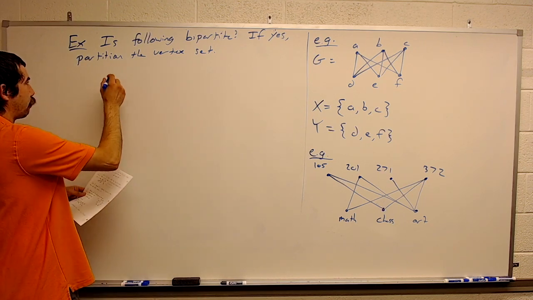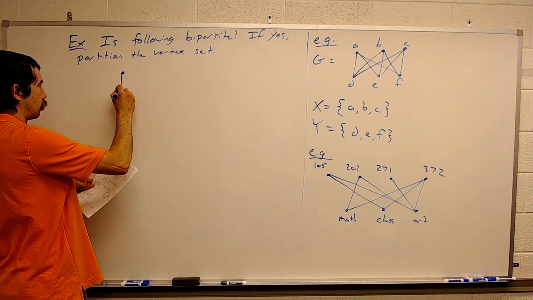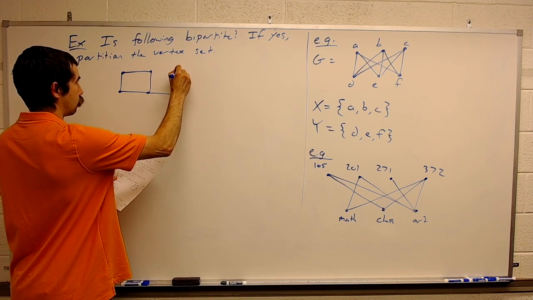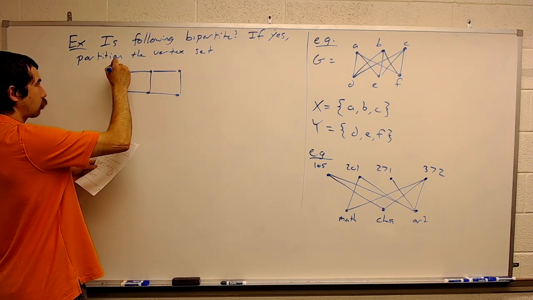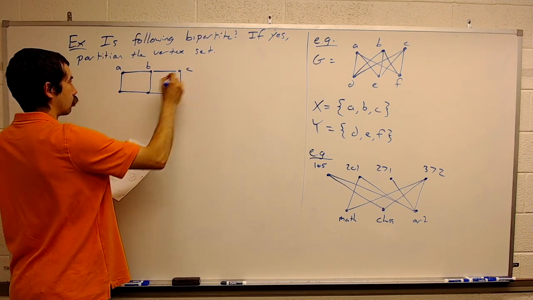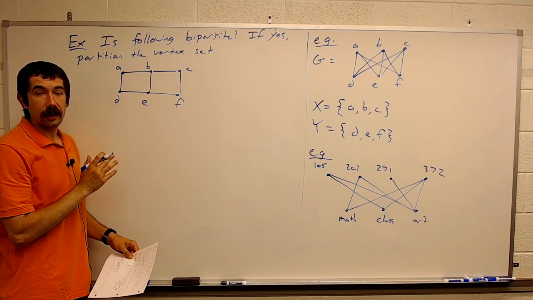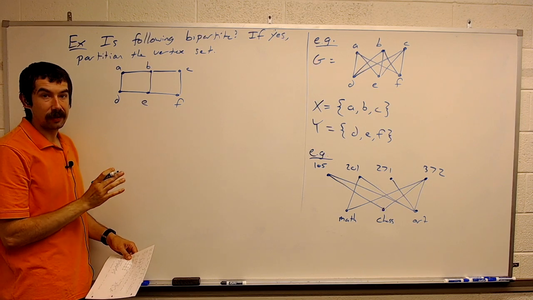All right, what is our graph? Our graph is this. So is this a bipartite graph?